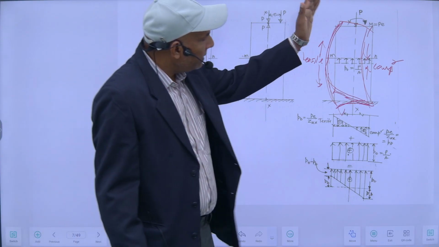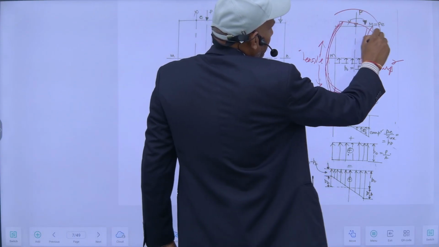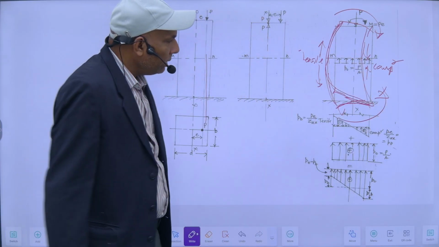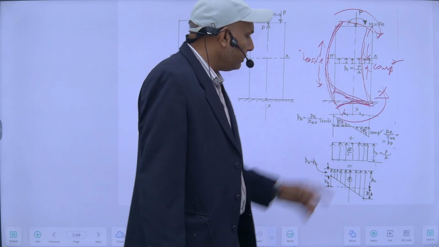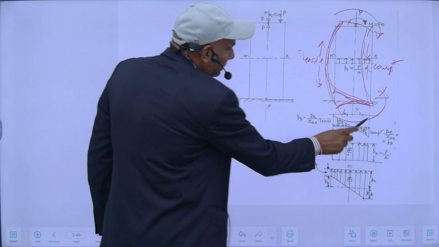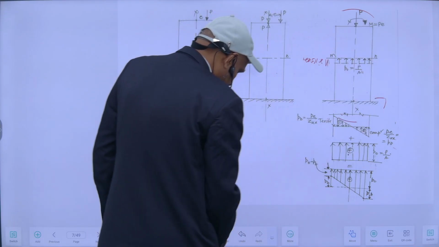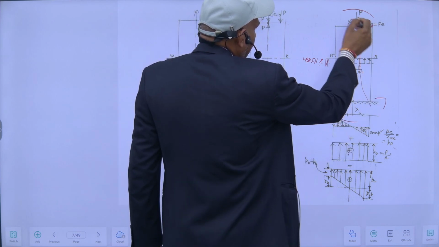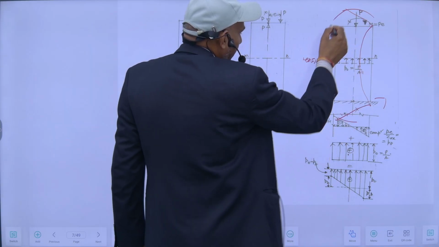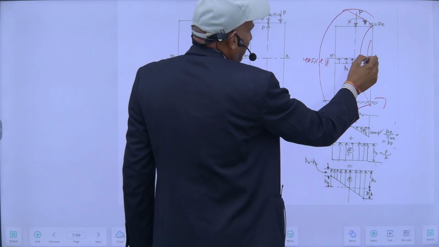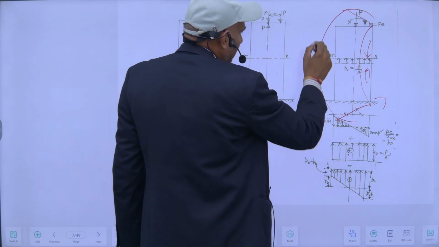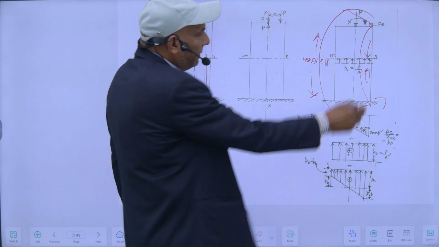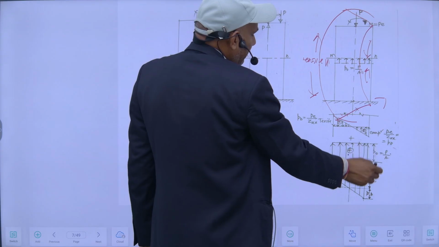So due to this moment the effect is like this. It will deflect in this way, it will bend in this way. So tensile stresses will be here on this face, so it is compressive stress here and it is tensile here. On this fiber there will be a compressive stress.